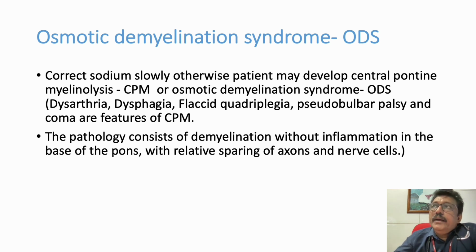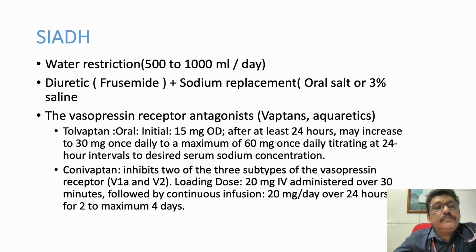So we should be very careful in correcting hyponatremia, especially when it is chronic hyponatremia. Acute hyponatremia with severe symptoms can be corrected fast, like over 40 milliequivalents per hour for 24 hours can be given. That calculation we have seen. But in chronic hyponatremia, we should correct very slowly. You can give 15 to 20 milliequivalents per hour only.